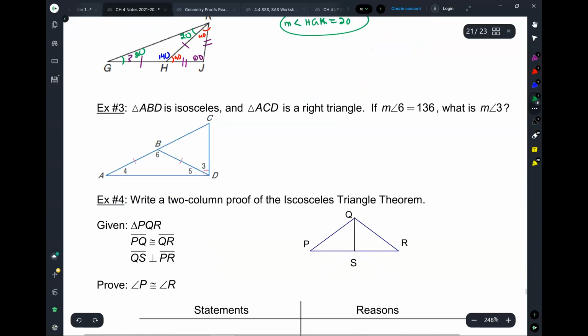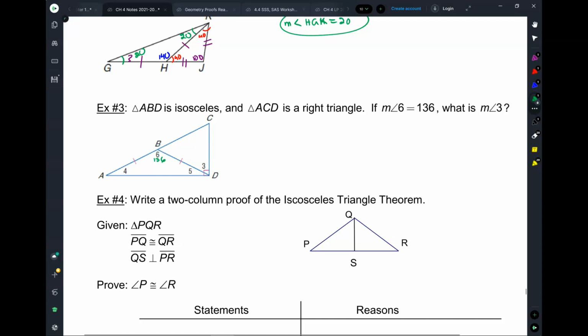Triangle ABD is an isosceles triangle, and ACD is a right triangle. Measure of angle 6 is 136. We want to find the measure of angle 3. Same situation: this triangle here, ABD, is an isosceles triangle.